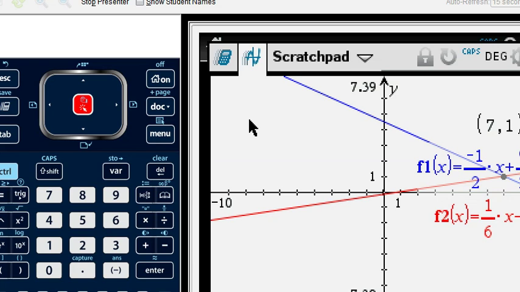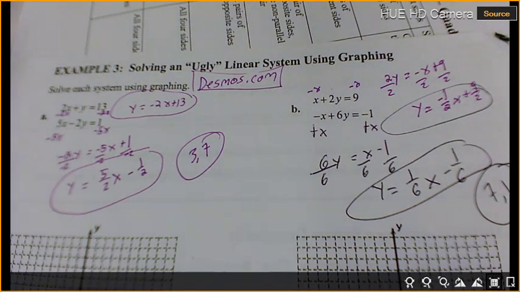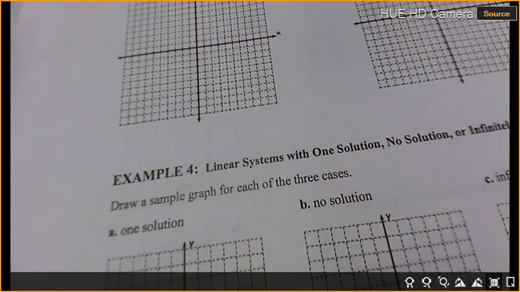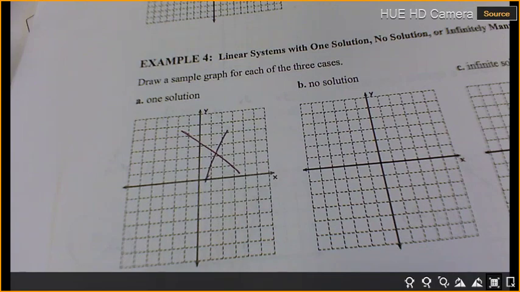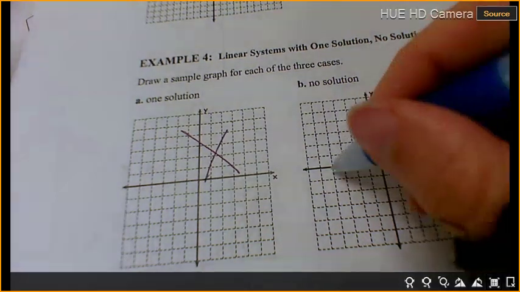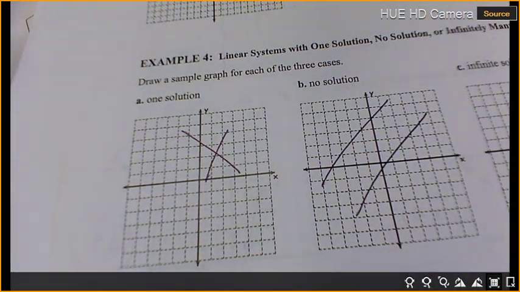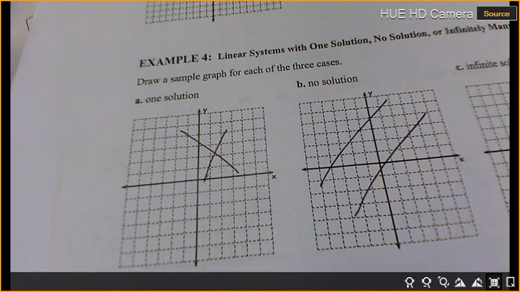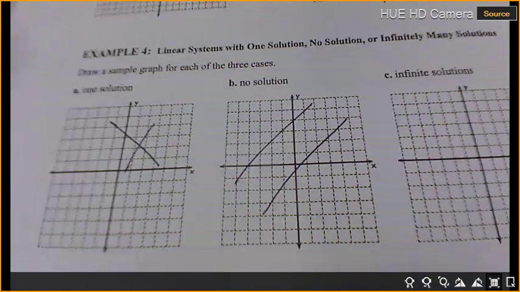Okay? So there's just a few more things I want to tell you before I let you work on your homework. So if we have one solution, that's like an intersection like we've been doing. One solution has an intersection. No solution is usually parallel lines. Okay? What do you think infinite solutions would look like?